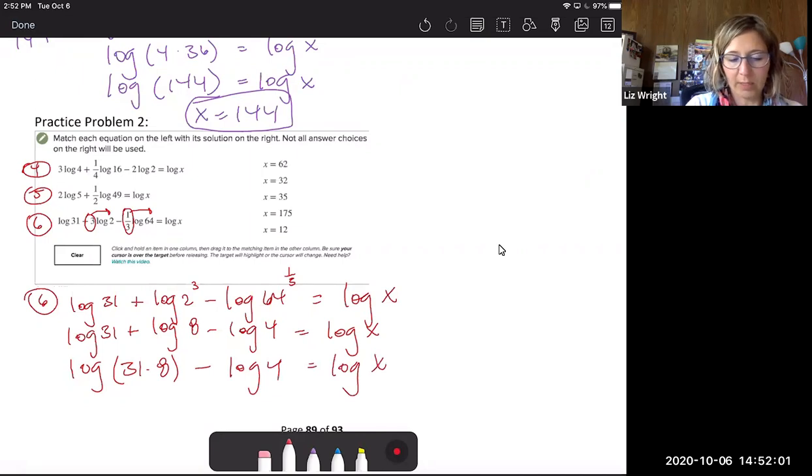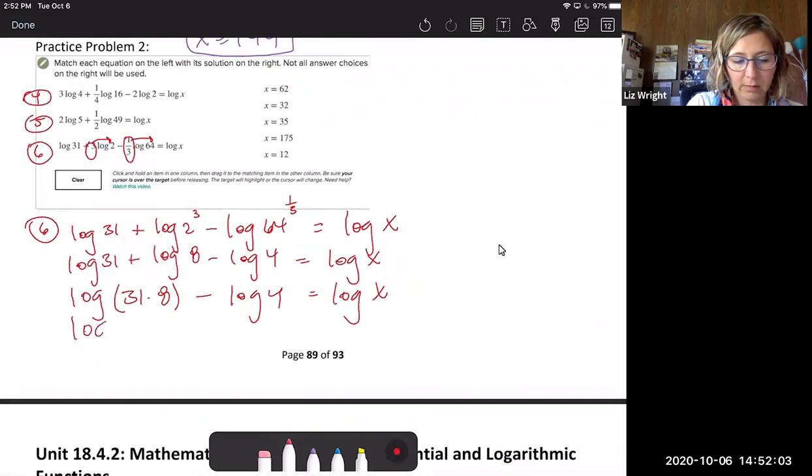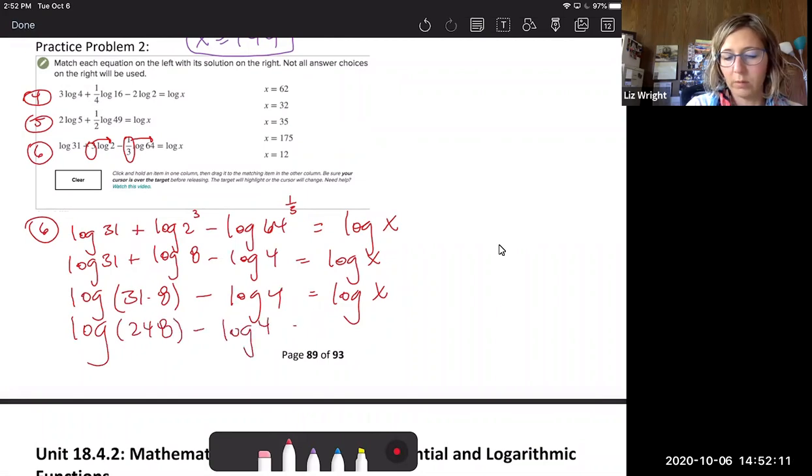So 31 times 8 is going to give us 248 minus log of 4 equals log of x. So then we're going to have log of 248 divided by 4, which is going to give us log of x.